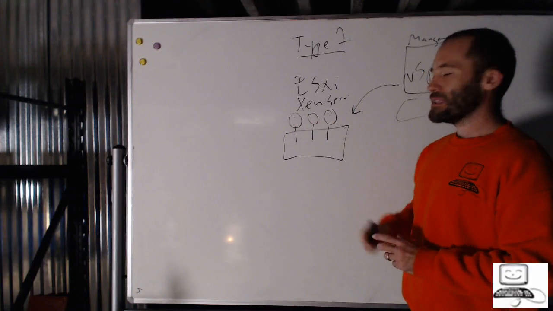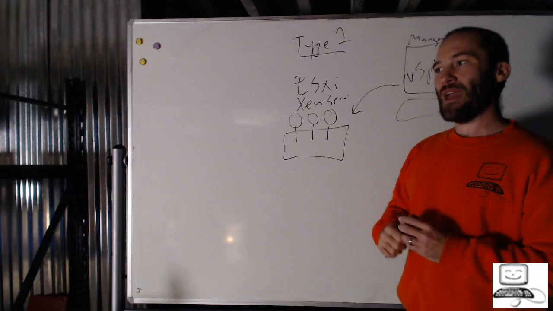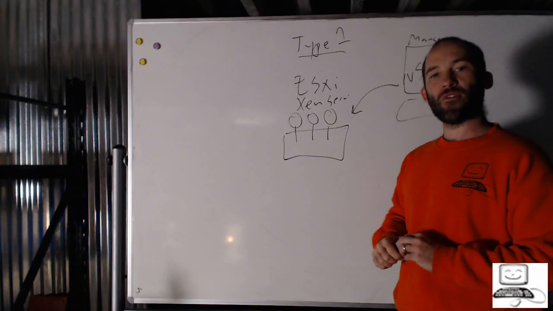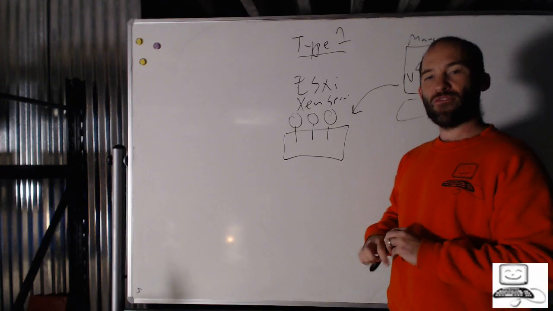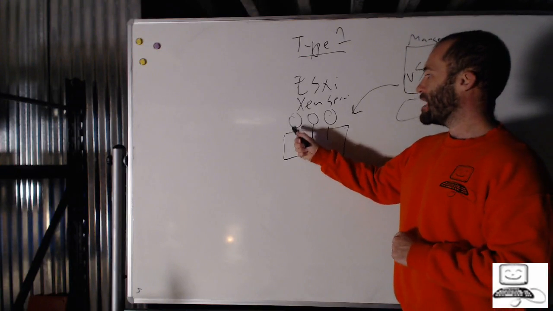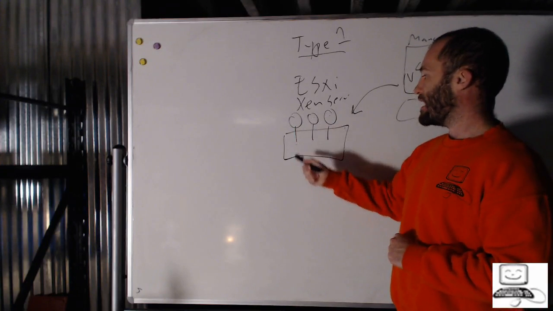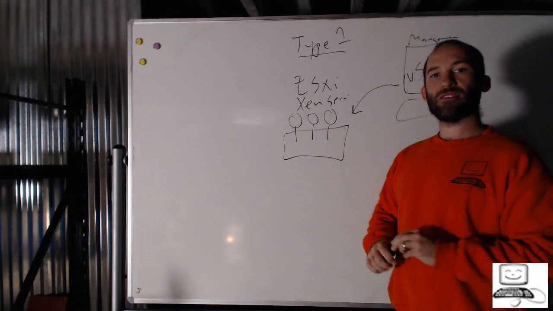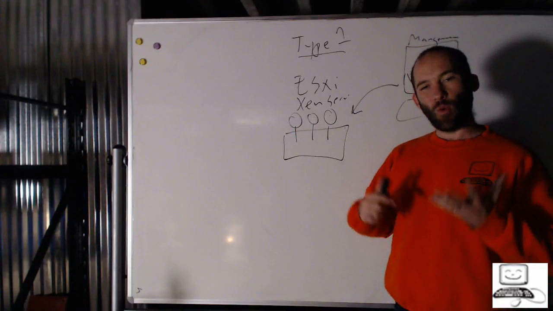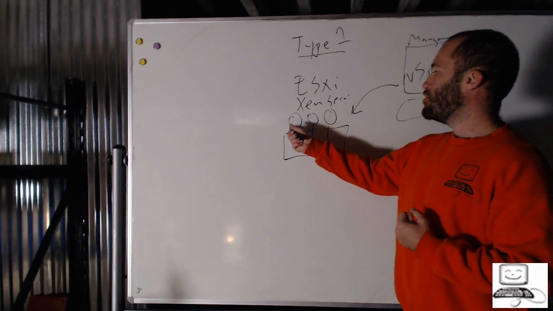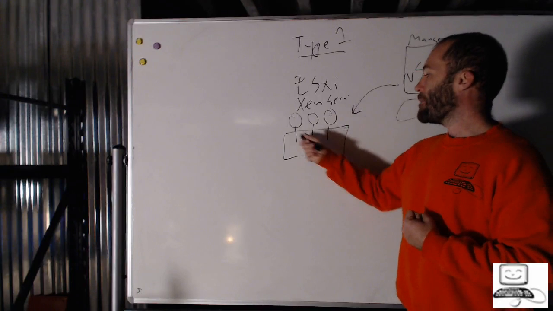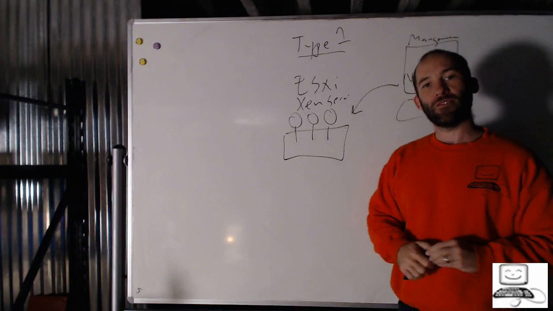So when we look at this, the first reason that we may think of using Type 1 hypervisors and building out a virtual infrastructure is simply so that we can have a number of different operating systems running on one single piece of hardware. Now you may be asking why this is. Why would we want numerous different instances of operating systems running on one piece of hardware?